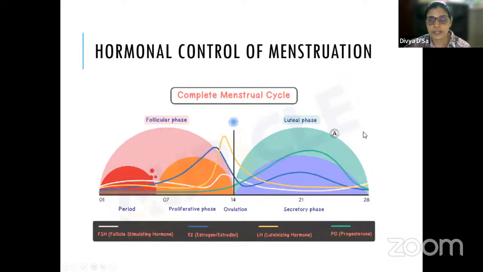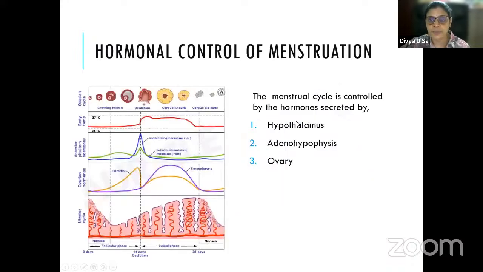Next, the hormonal control of menstruation. During this entire menstrual cycle, there are hormones which are regulated by 3 main endocrine organs: the hypothalamus, the adenohypophysis, and the ovary. The ovary also acts like an endocrine organ, that is basically the corpus luteum.